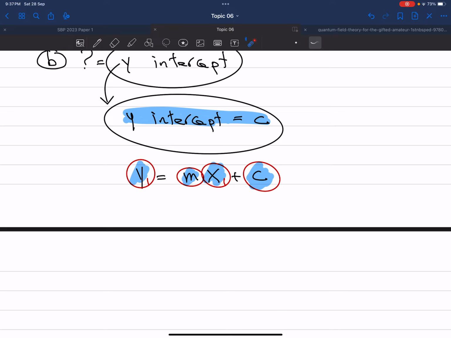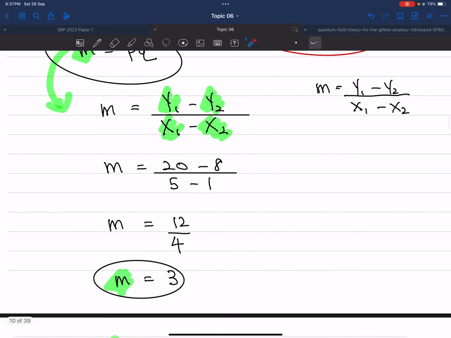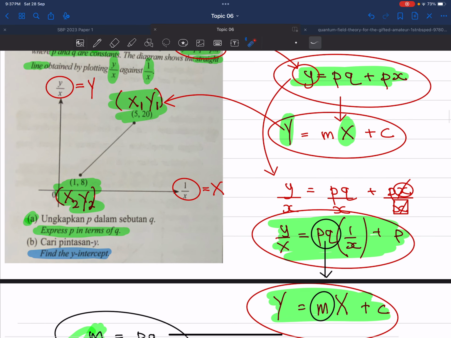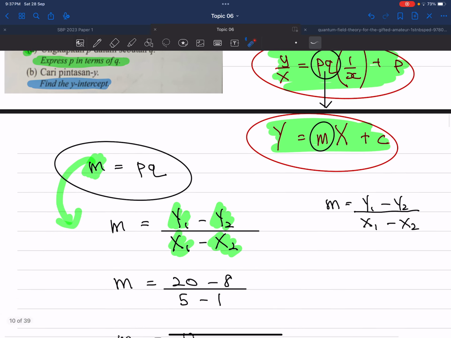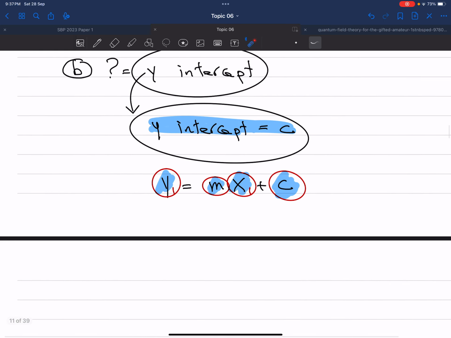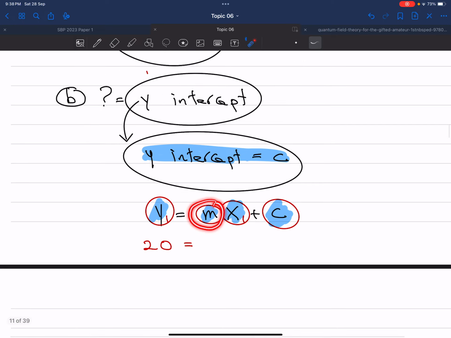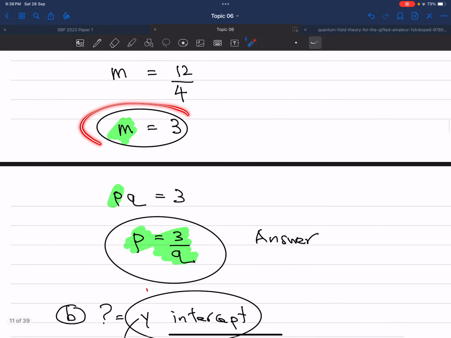Now we substitute. Going back to the graph, Y1 is 20 and X1 is 5. The gradient M is 3.